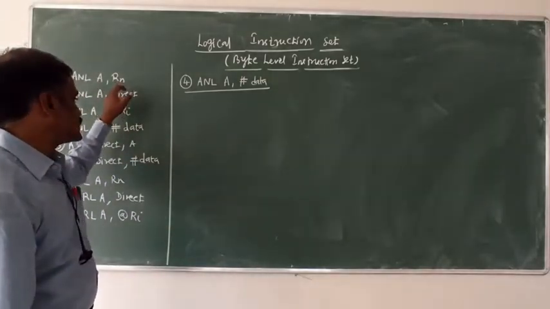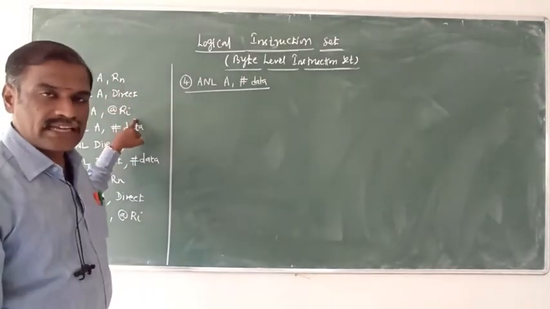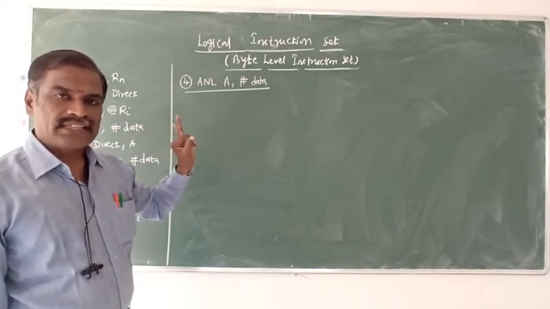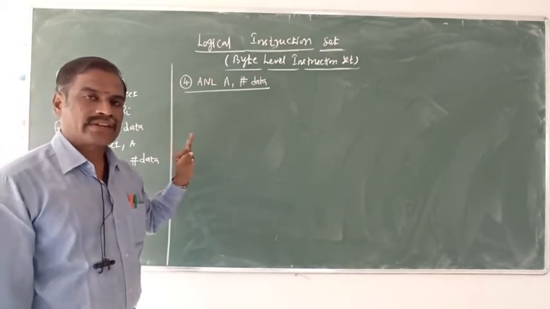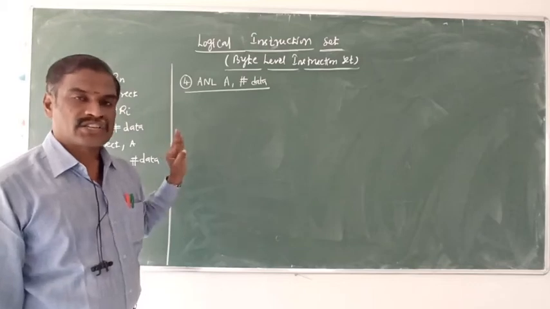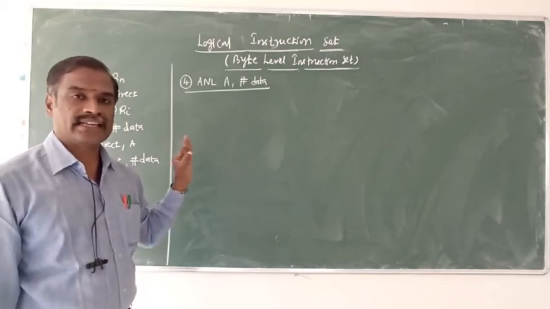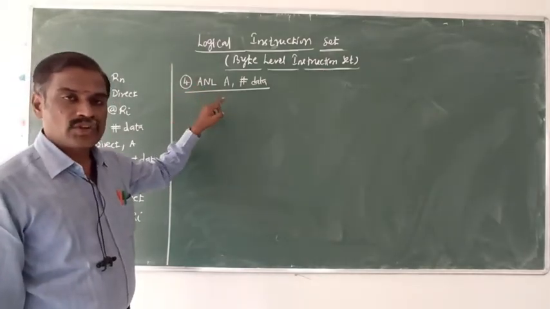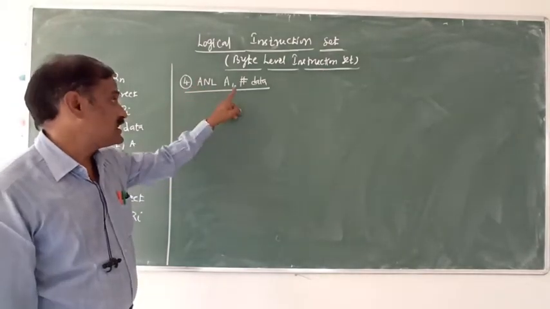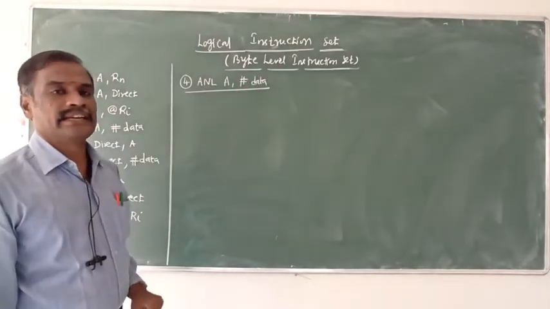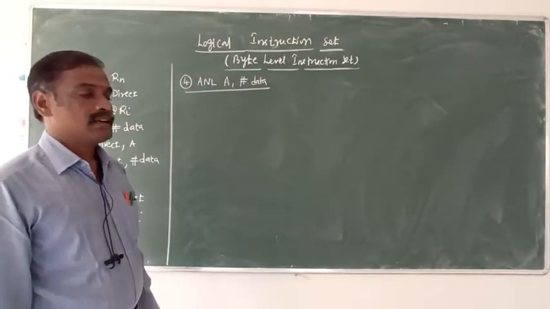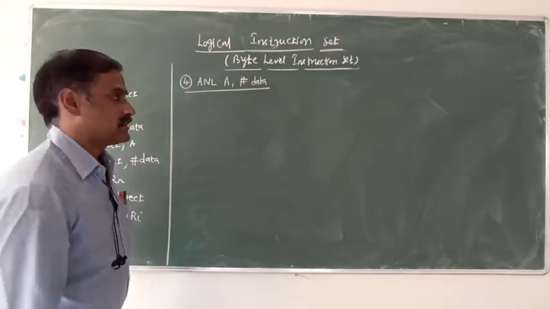The last 3 instructions logically AND the accumulator with register data, with direct memory address location data, and with indirect memory address location data, and the fourth one also logically ANDs the accumulator with immediately given 8-bit data. Here the hash symbol means immediate. Immediately given 8-bit data.